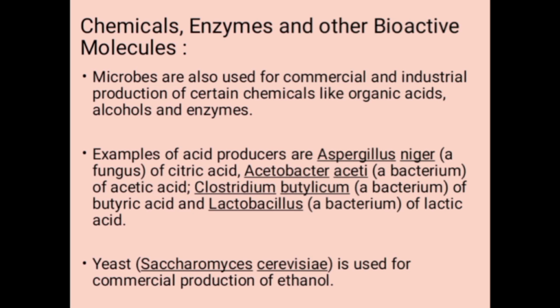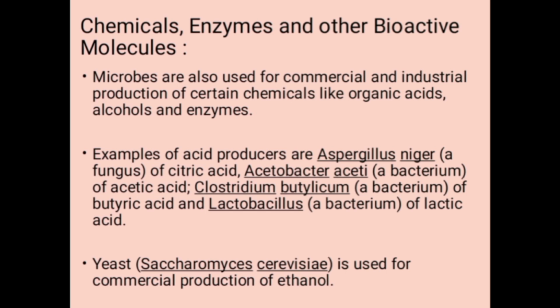Now we will move on to the last subtopic, that is chemicals, enzymes and other bioactive molecules. Microbes are also used for the production of chemicals like organic acids, alcohols, and enzymes. For example, Aspergillus niger, which is a fungus, produces citric acid.